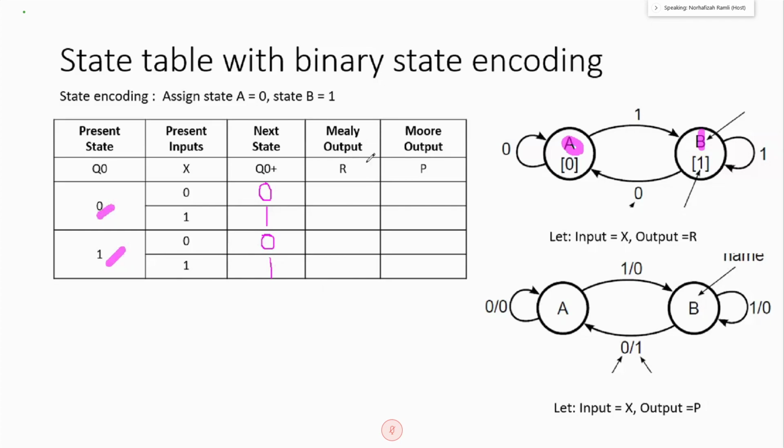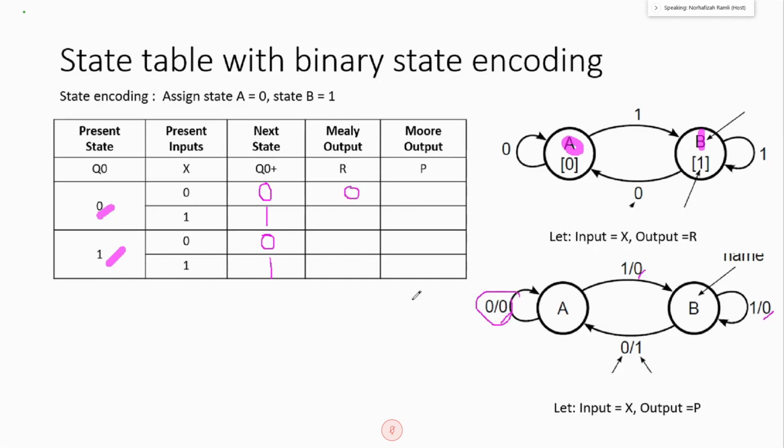Now, what about the Mealy output? For the Mealy output, you refer to the transitions, where you see the output 0, 0, 0. As you go from state 0 with input 0, your output R is 0.